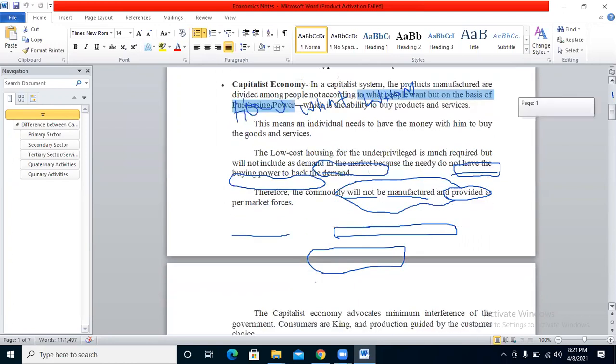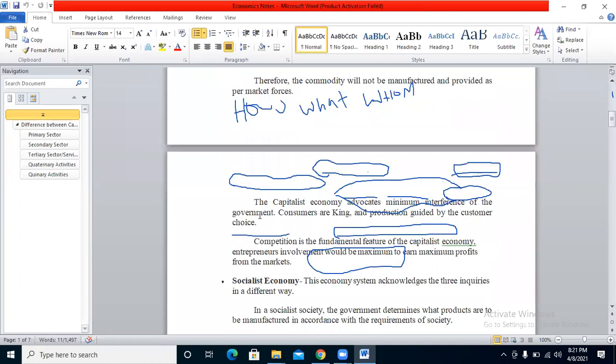So the capitalist economy advocates minimum interference of the government. Here, the consumers are the king, and production in the country is guided by customer choice. While production is guided by consumers, a number of competitors come into the market to fulfill the gap between demand and supply.